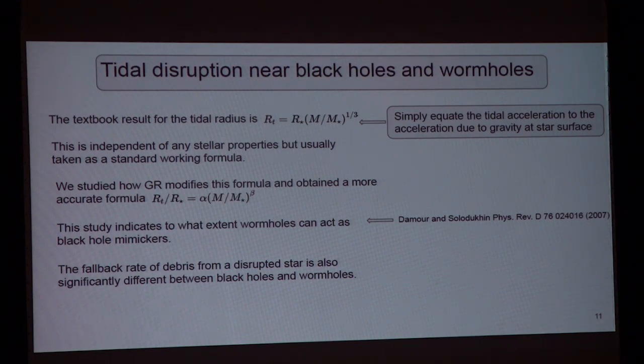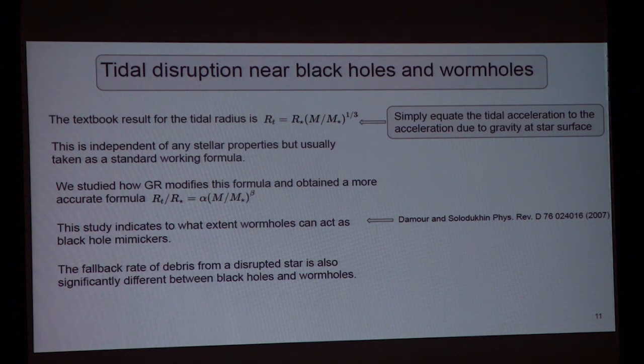When the self gravity cannot hold up against the tidal effect anymore, the star will break apart, and that is the 1/3 because of the 1 over r cubed in the expression for the tidal force. This is a very crude approximation, independent of any stellar properties, but it's usually taken as a standard working formula, and as I told you, it works quite well.